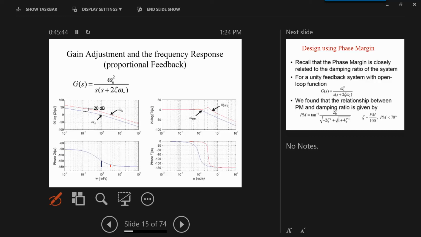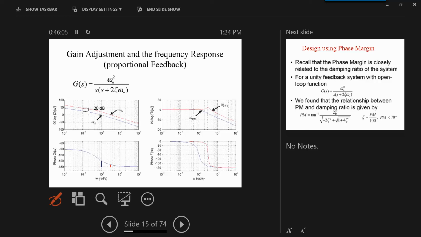Now what happens when I increase the gain from a value, let's say here, to a value here? This is the corresponding angle. This is zeta 1, and this is zeta 2, and this is the corresponding angle.